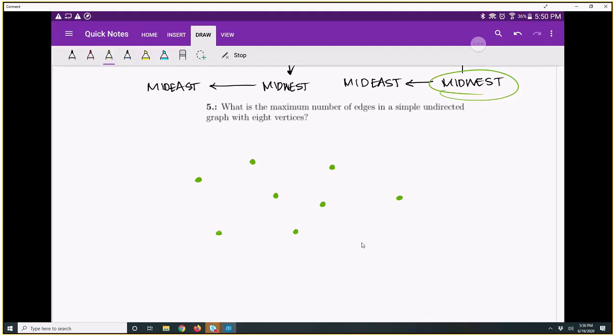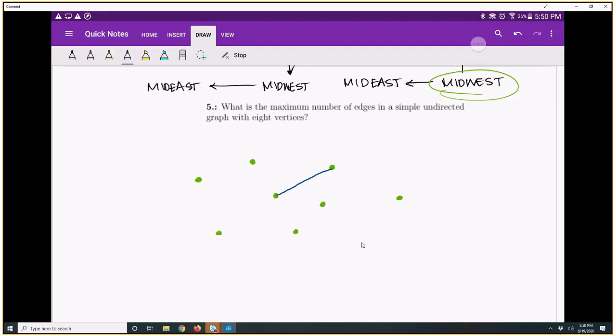I think that looks like 8 vertices. A simple undirected graph means that each vertex could be connected to each other vertex with at most one edge. And I could just start sort of connecting them at random.